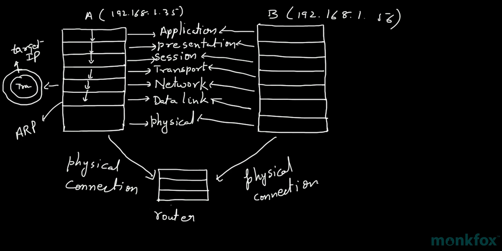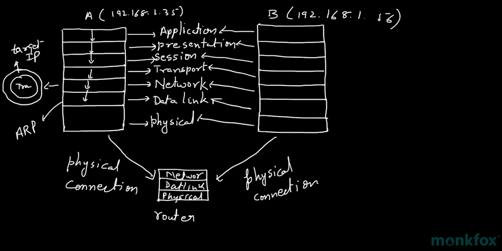Again, the router has these three layers: physical, data link, and network. The data is received by the physical layer and sent to the data link layer.